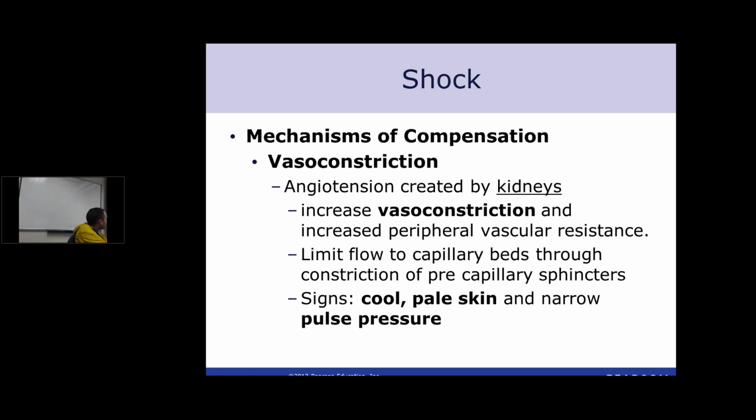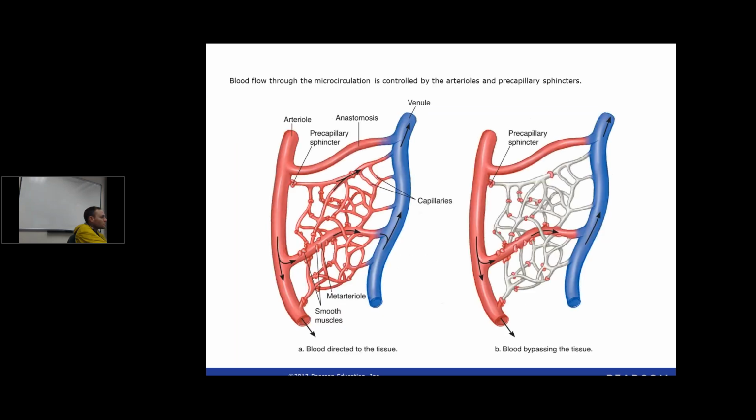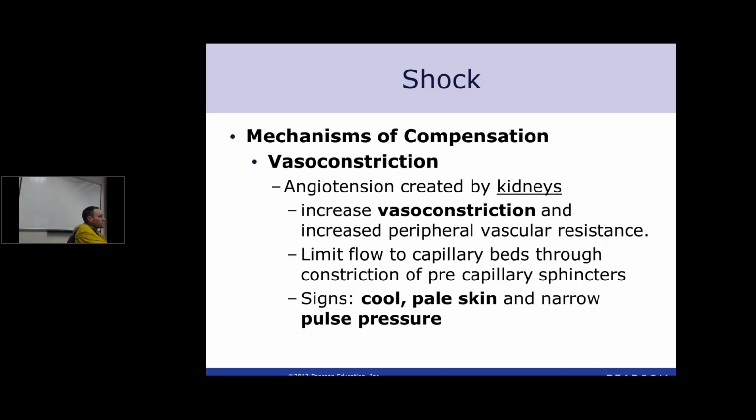So when that happens, that's when you get blood that's not going through the capillary beds and you're still trying to maintain the blood pressure, you're getting the cool, pale skin, and you get a narrow pulse pressure. So with that, we're talking about the ROS system. The ROS system, reticular activating system.